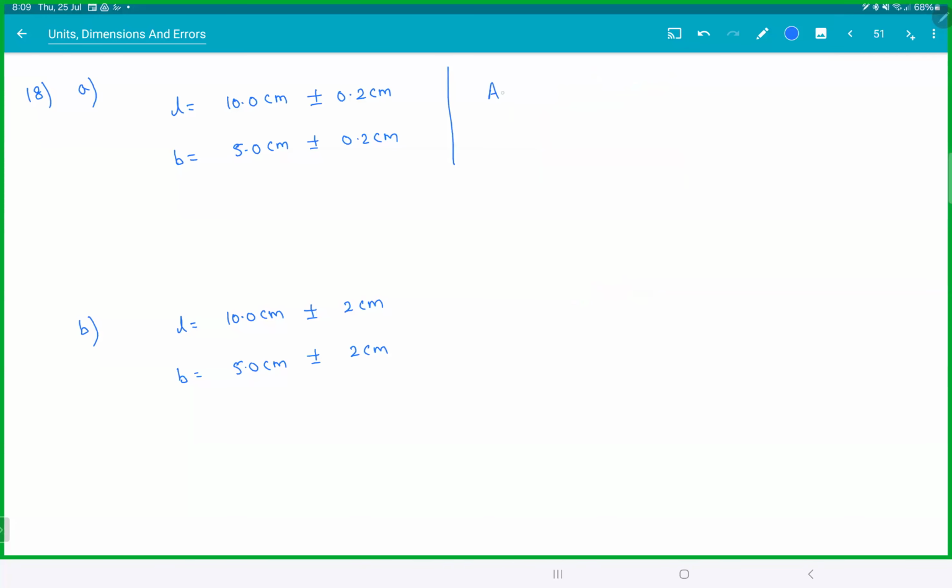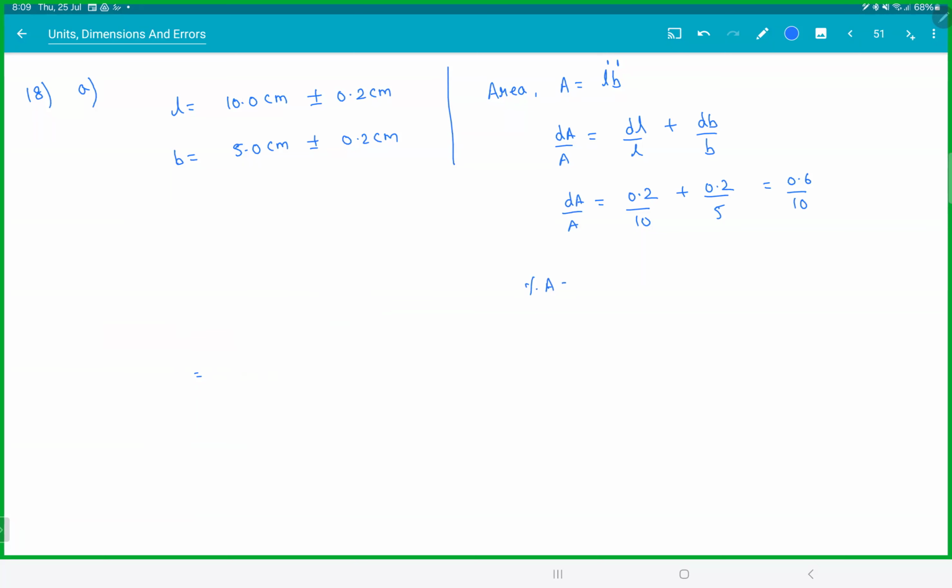So first one, we know area A is L into B. So basically this is L power 1, B power 1. So dA by A is dL by L plus dB by B. So dL is 0.2 by 10 plus 0.2 by 5. That's 0.6 by 10, dA by A. So if you just want the error, the percent error in A would be 0.6 by 10 into 100. That is 6%.